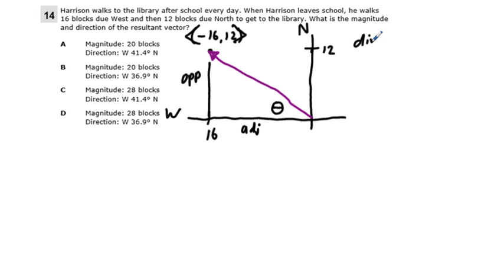And so our direction will be equal to our inverse tangent of the vertical change, which would be 12, over the horizontal change, which would be negative 16. Now keep in mind, we're going to get a negative angle out of this because that's just what it's going to have to be.